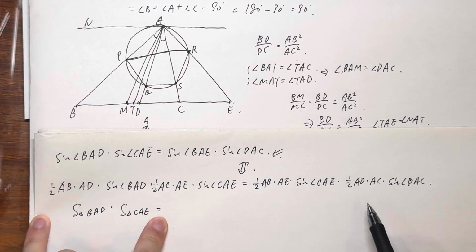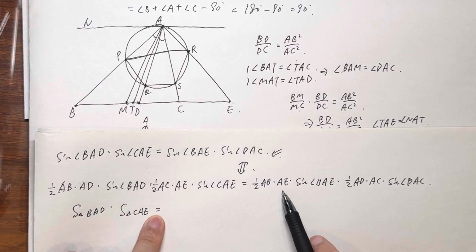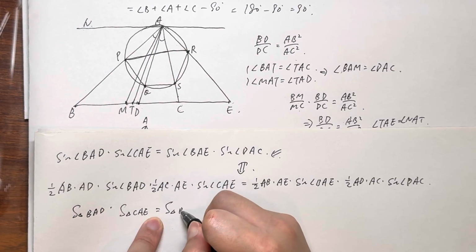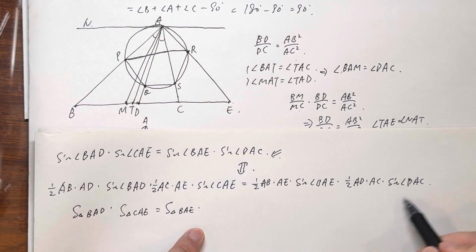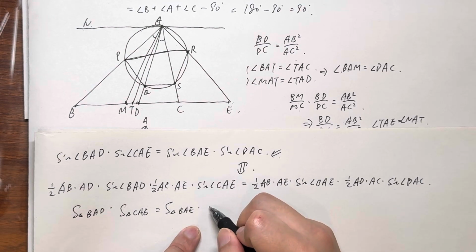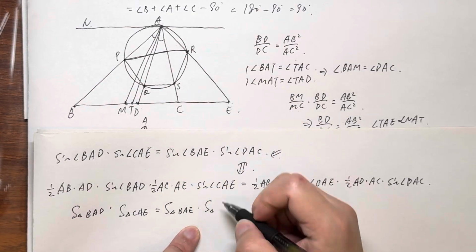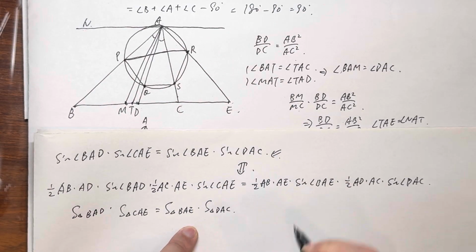Right? And here we have AB AE times sine angle BAE, which is the area of triangle BAE. Similarly, we have this one, which is the area of triangle DAC, right?